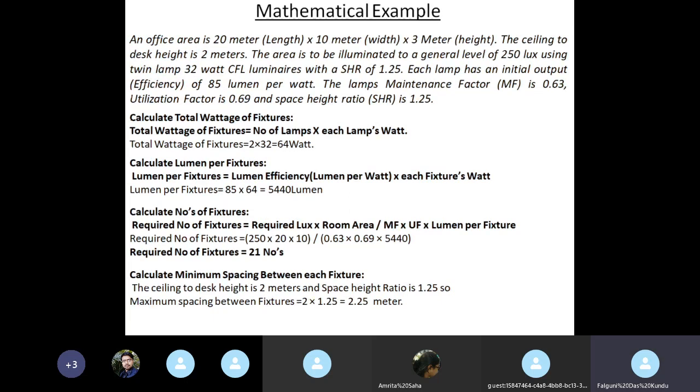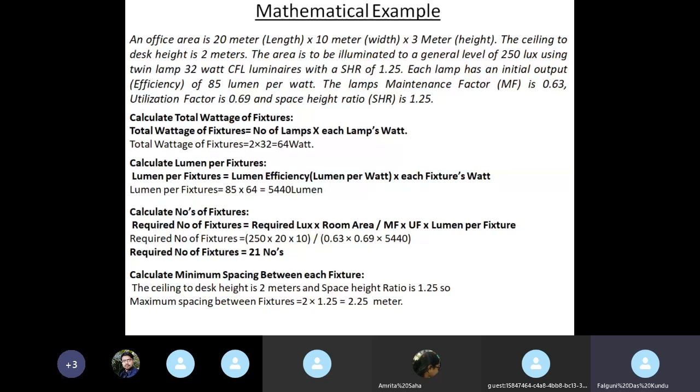Now we will discuss a mathematical example. An office area is 20 meter length, 10 meter width and 3 meter height. The ceiling to the desk height is 2 meters.